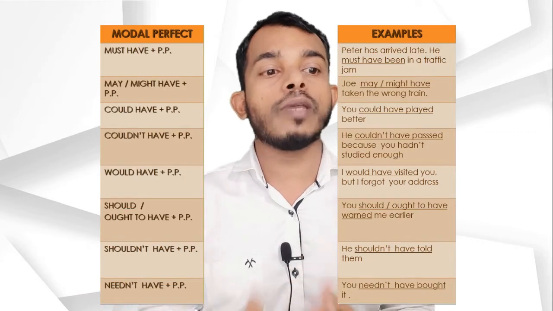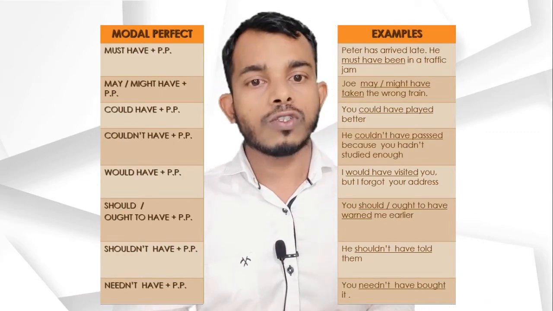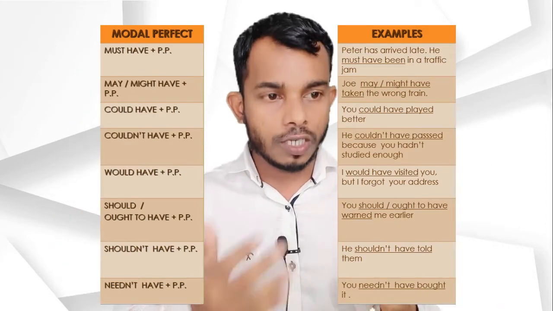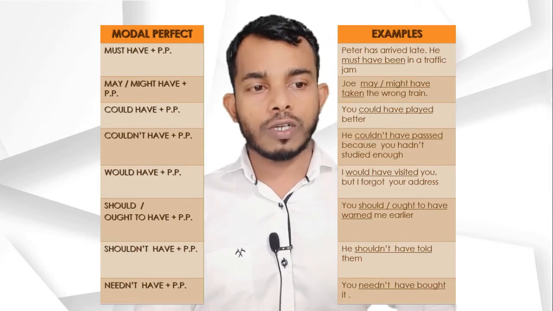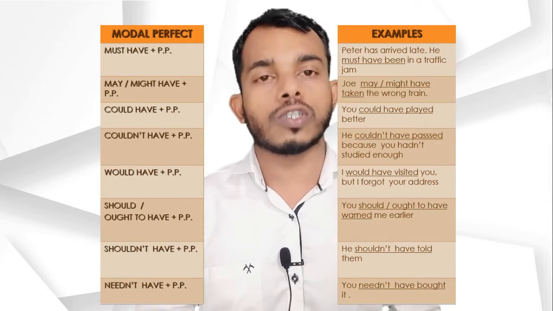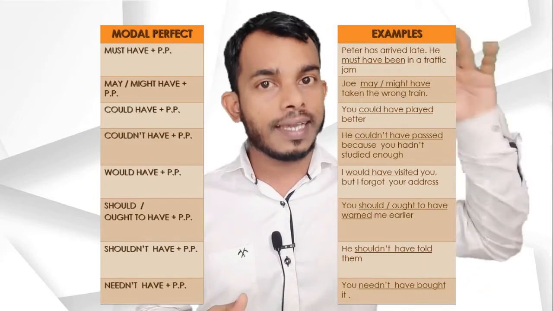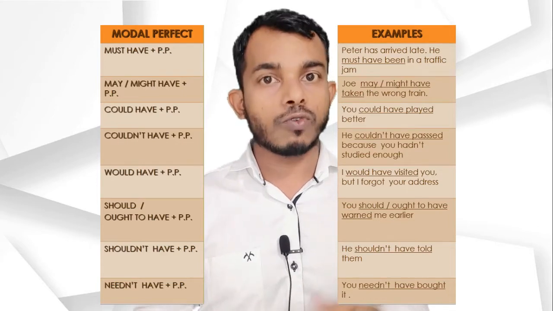He must have been in a traffic jam. That shows past probability. Then Joe may or might have taken the wrong train. Might have taken the wrong train. Then he could have played better.